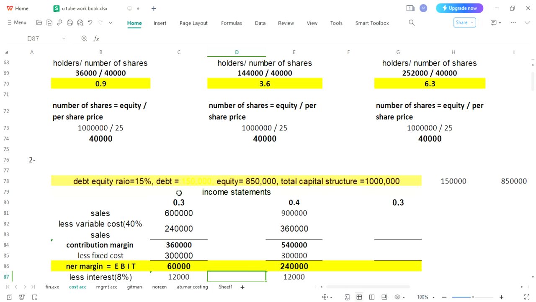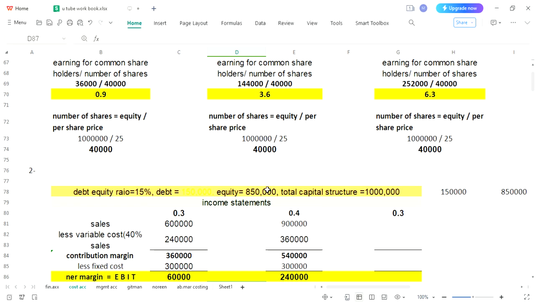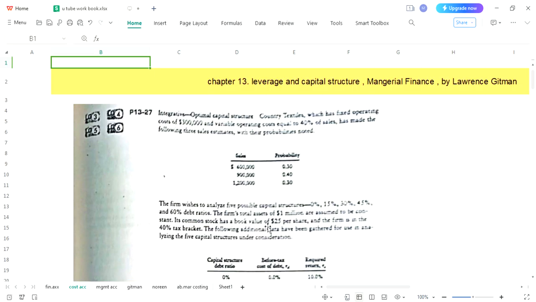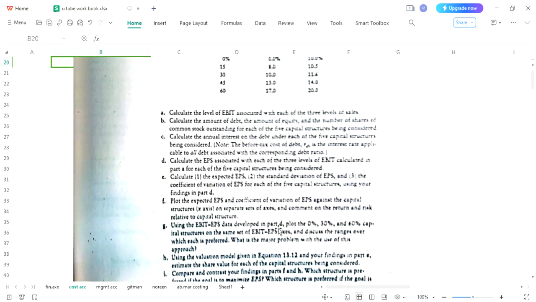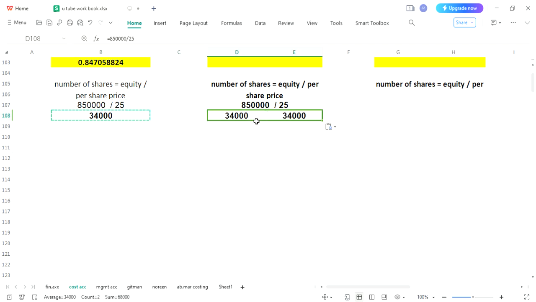Out of 1 million, 150,000 debt, remaining part 850,000 is your equity. Per share price 25 was mentioned in the question, 25. It means we will have the same answer over here, 850 divided by 34,000.